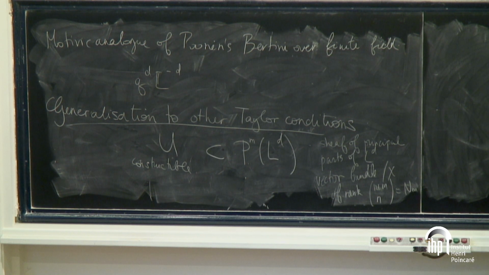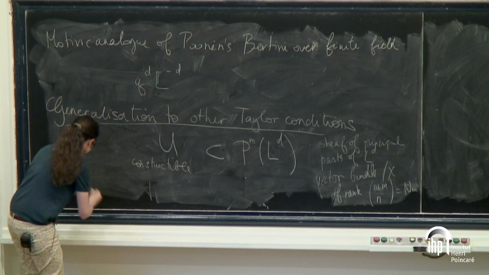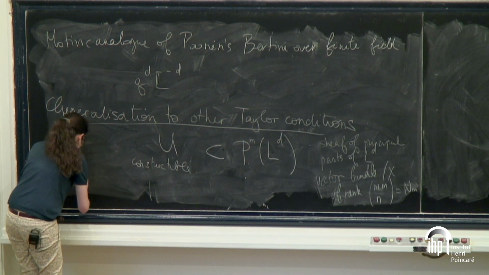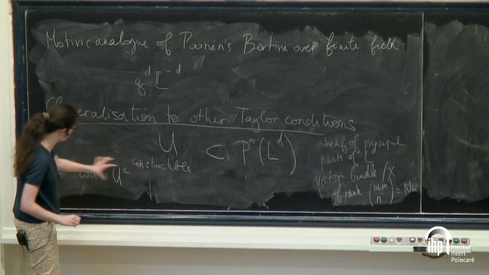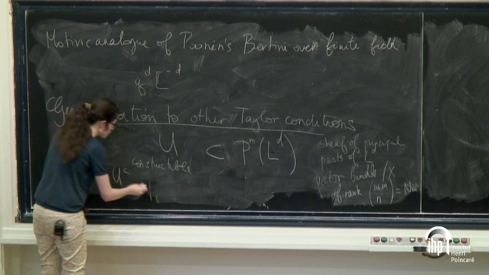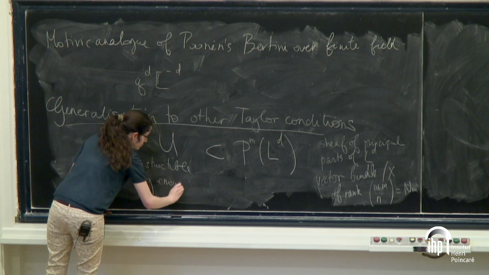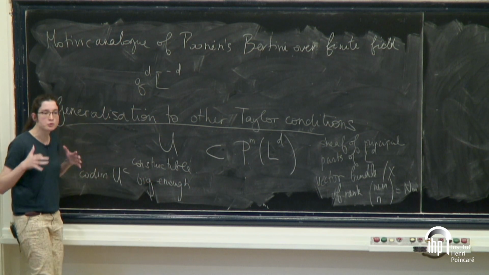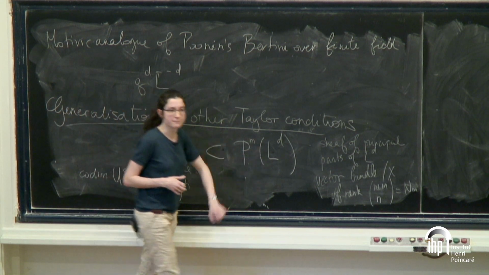And I need to make some restrictions on U. I won't write it down because it's a bit lengthy, but there is a condition on the codimension of the complement of U. The complement of U should be small enough, so U should involve most of the elements in here.